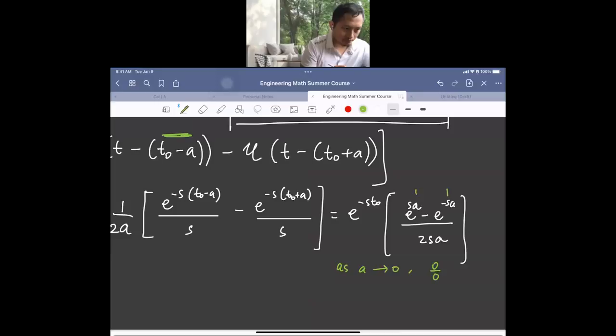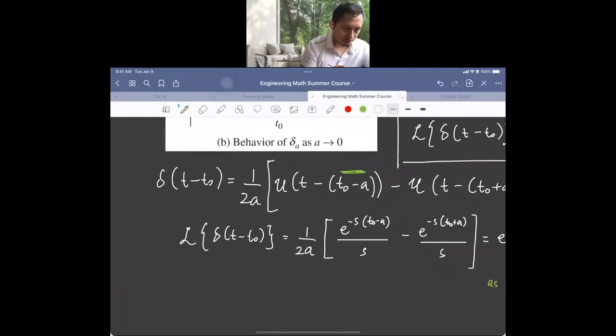Because 1 minus 1 is 0, and the bottom one is also 0. So one way we can do it is to take the L'Hopital rule.